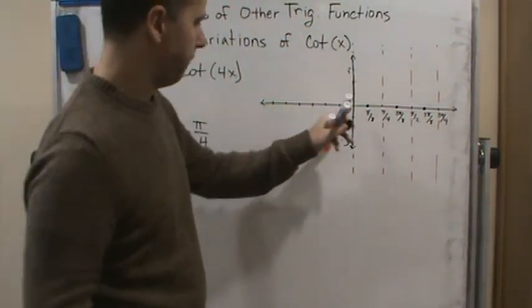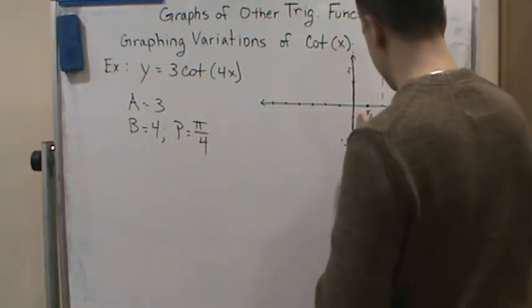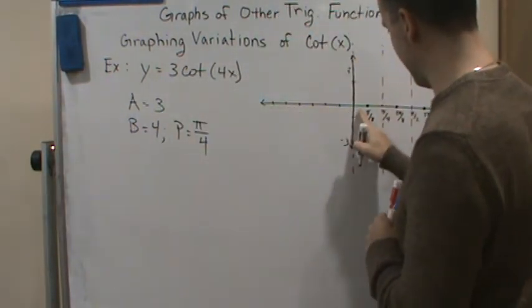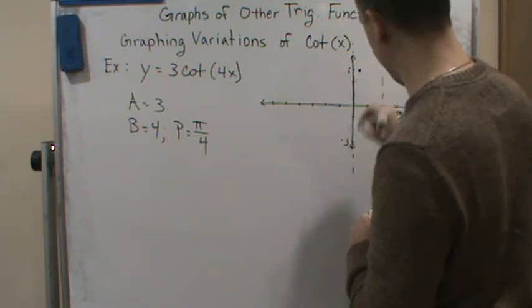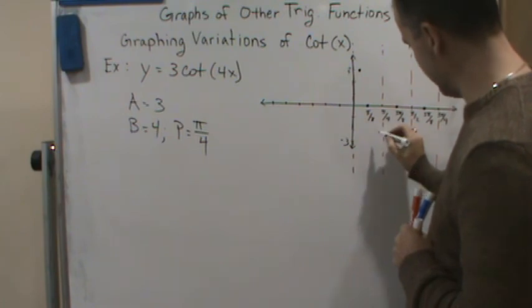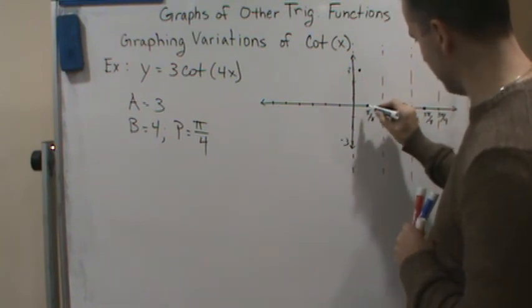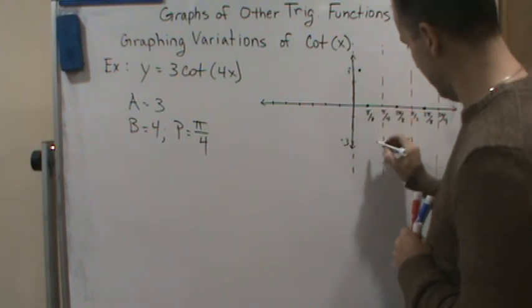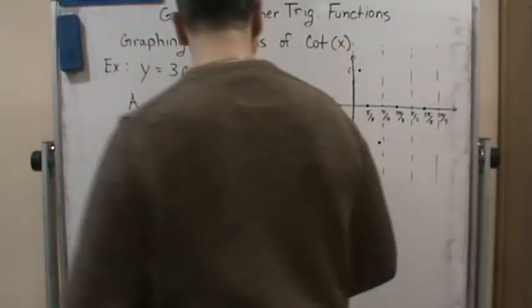My first one is going to be halfway here, so pi over 16 and 3, about right there. And this one over here is going to be below it. So that's going to be at 3 pi over 16, which is going to be right about here.